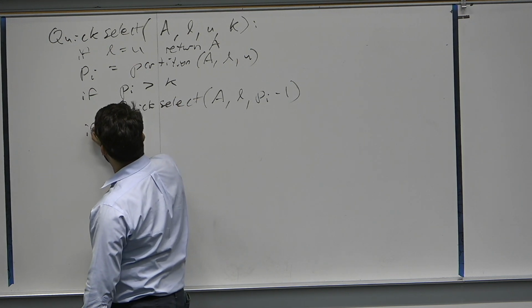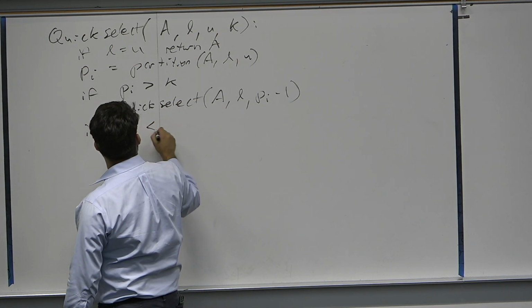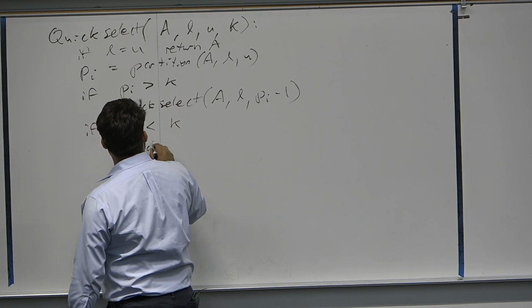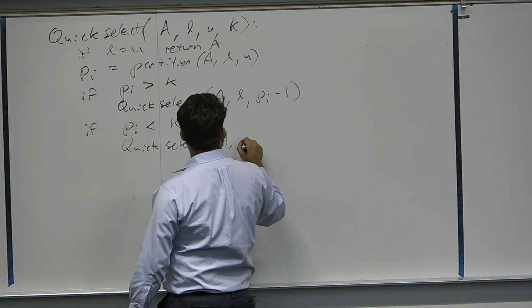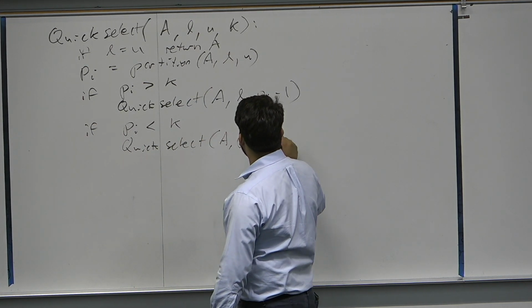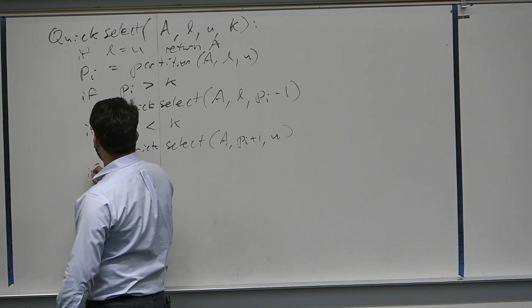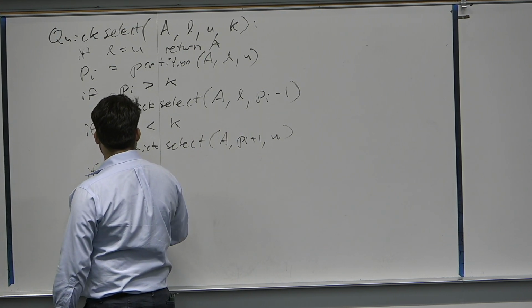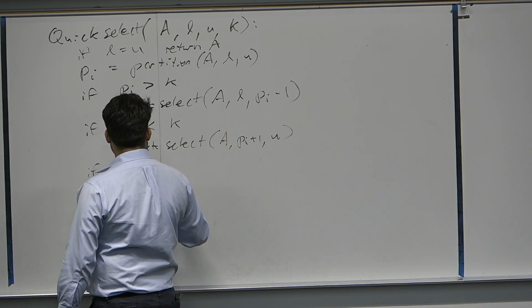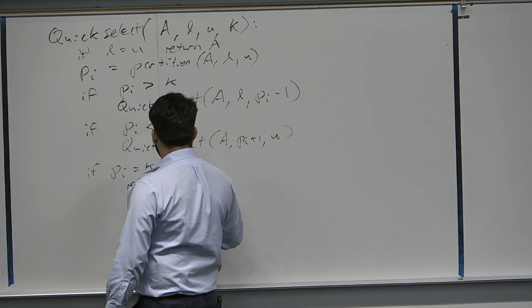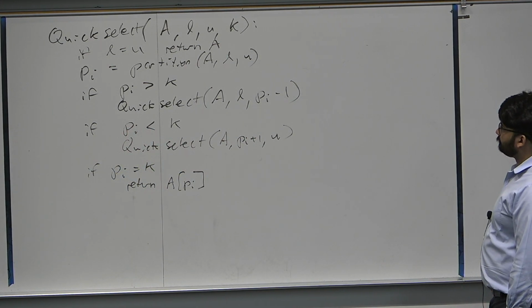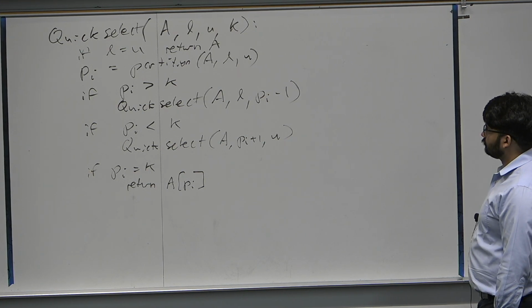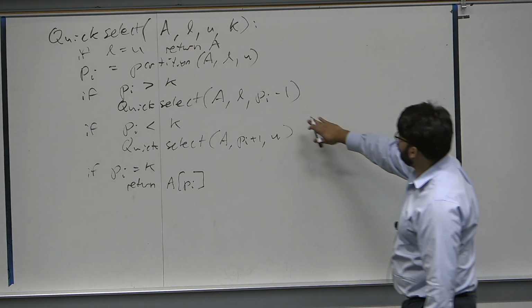If pi is less than k, we quickselect on the upper half, from pi plus 1 to U. And if pi is equal to k, we just return A of pi. Add k to the quickselects. Oh, yes, thank you.